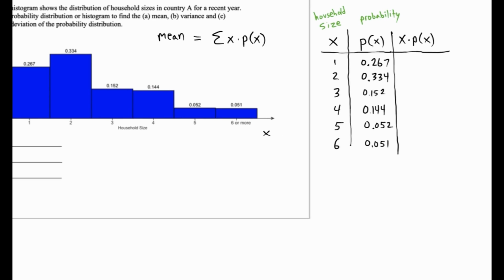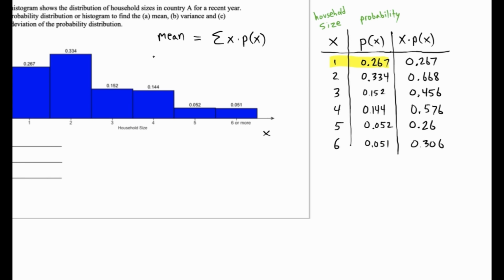Alright, so what we have to do then is we have to multiply straight across: 1 times 0.267, 2 times 0.334, I get 0.456 for the next one, and so on.